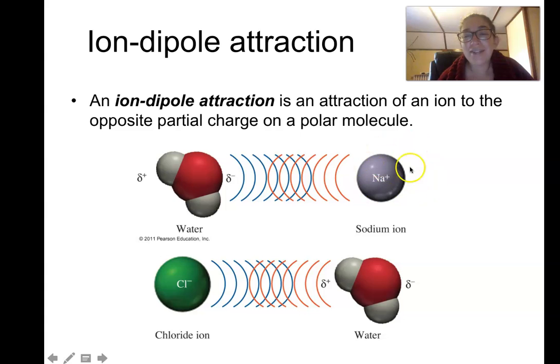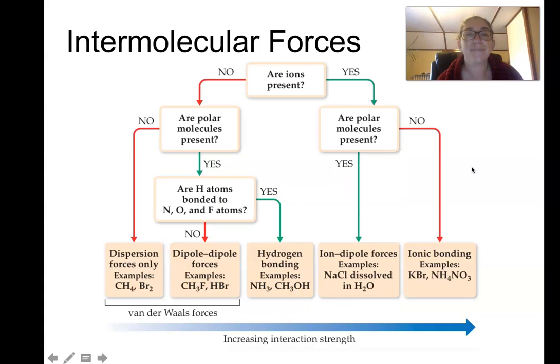And those positively charged sodium ions are attracted to the partially negative oxygen of water molecules, and the fully negative chlorine atoms or ions are attracted to the partial positive hydrogens of water molecules. So it's an attraction between, literally, an ion and a polar molecule, ion-dipole attractions. And it'll contribute to some of the solubility rules that we are going to see in a few minutes.